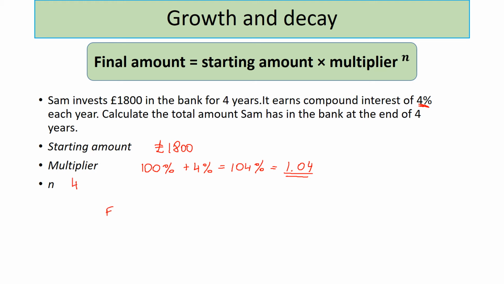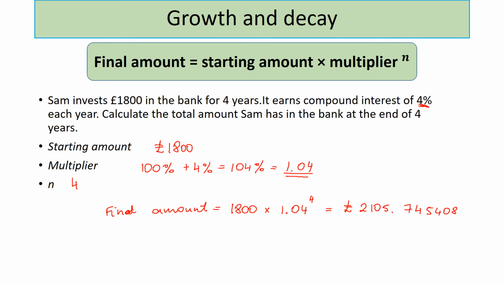And now to work out the final amount, I need to times the starting amount, so that's 1,800 by the multiplier 1.04 to the power of n, which is 4. You put this into a calculator and you get 2,105.74548.